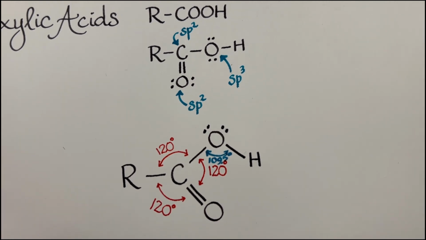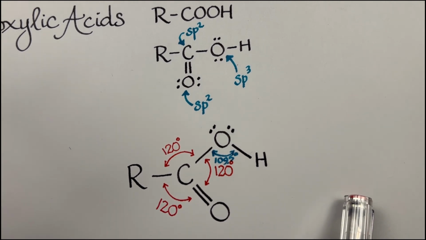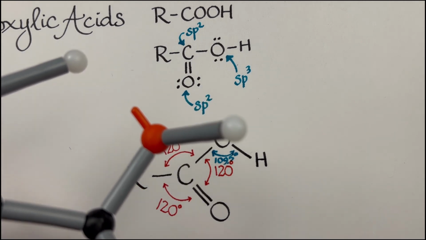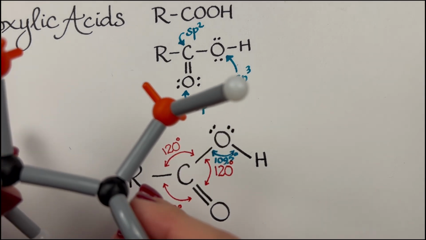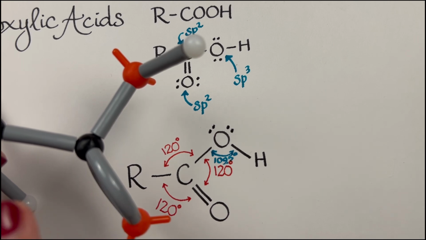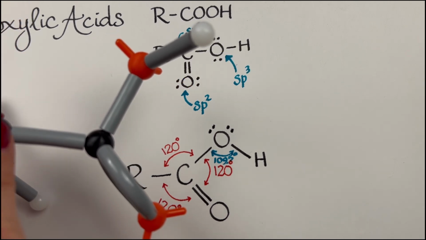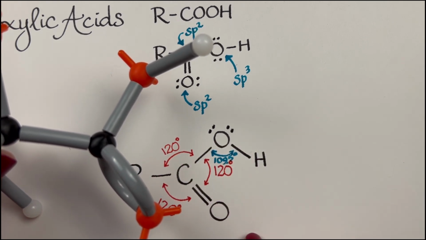Let's bring my model kit over so you can see what we're looking at here. So over here is the R group, aside, and we'll talk about that when I show you exactly which carboxylic acid this is.